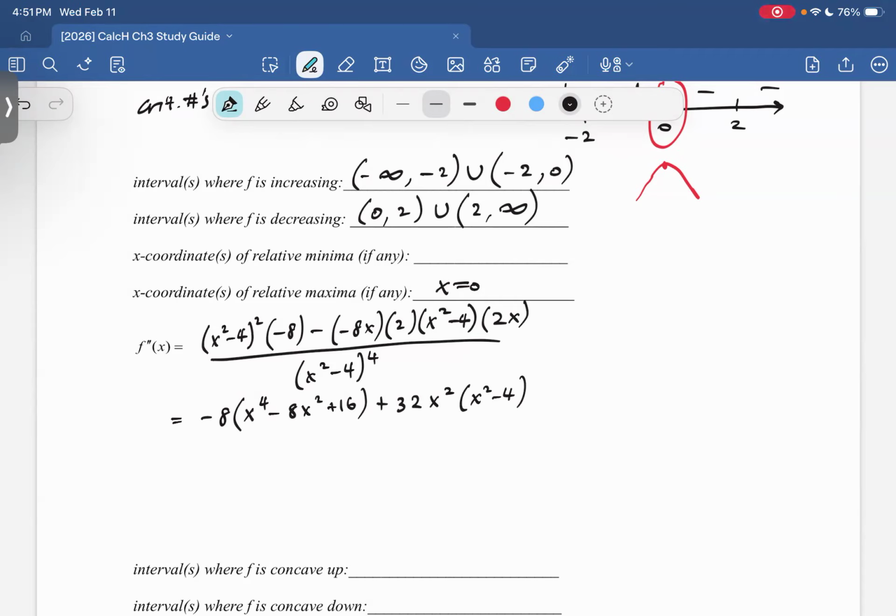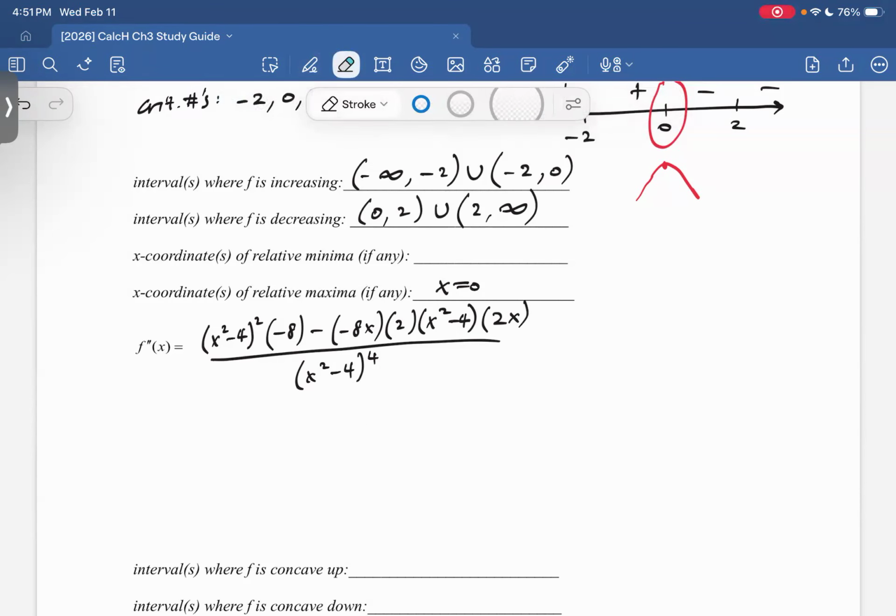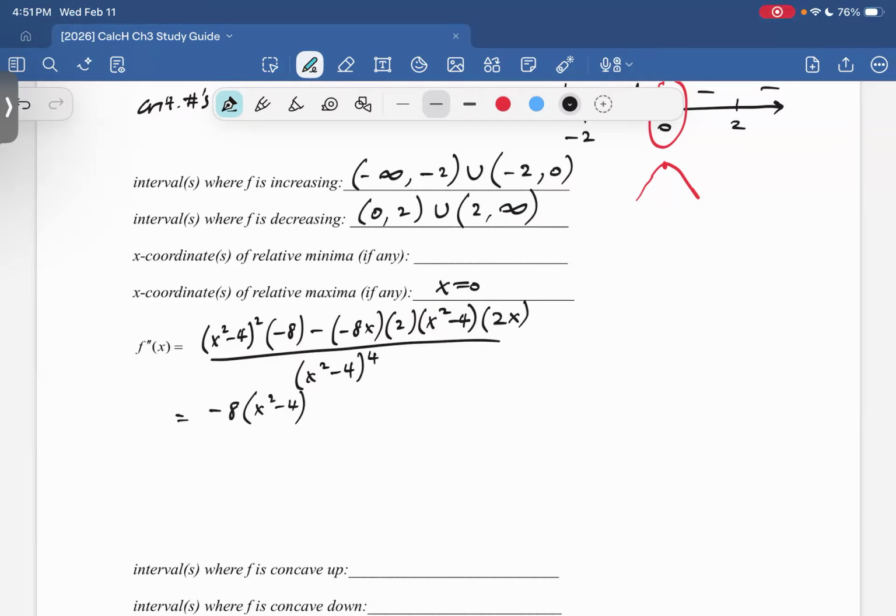Actually, there's a faster way to do this. That is by canceling out one factor of x squared minus 4 from the numerator. So if we cancel out one factor of x squared minus 4, we are going to be left with this. And the denominator will become (x squared minus 4) cubed.